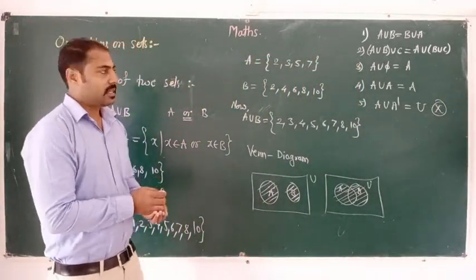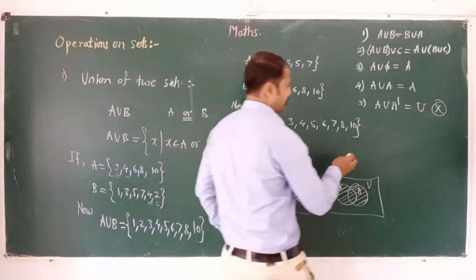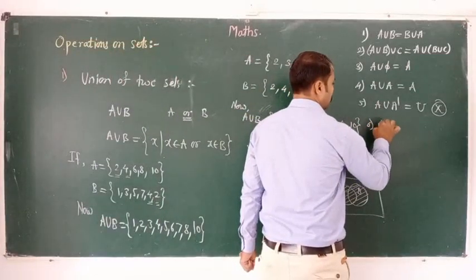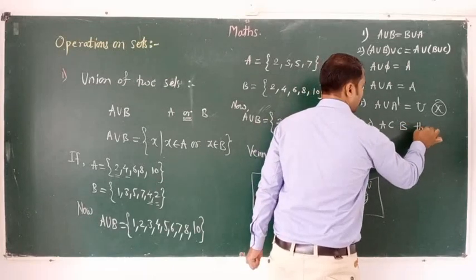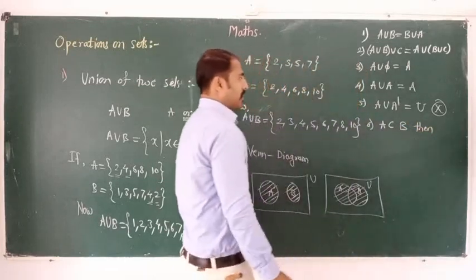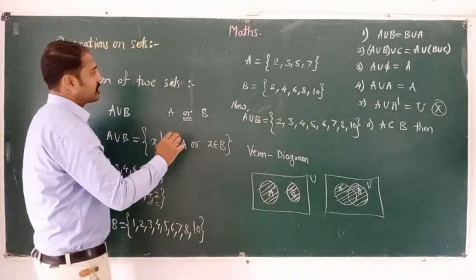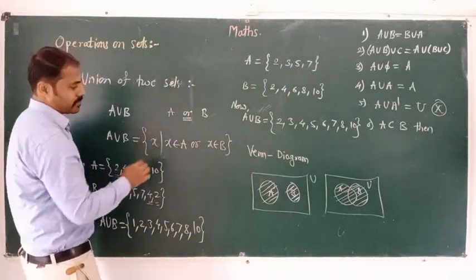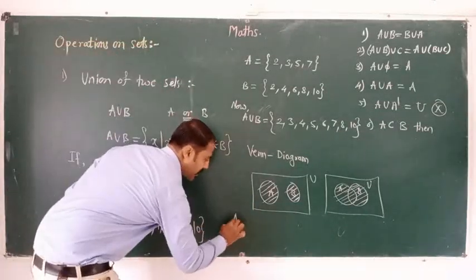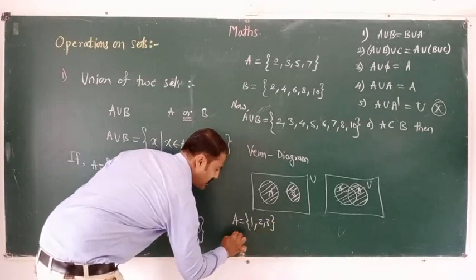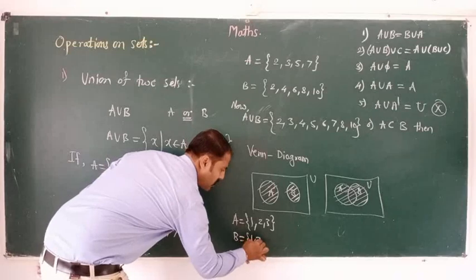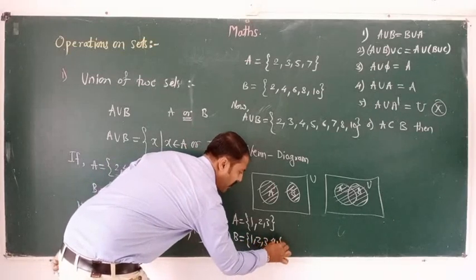Now, if A is a proper subset of B, then look here. Proper subset means, for example, A is equal to 1, 2, 3 and B is equal to 1, 2, 3, 4, 5.